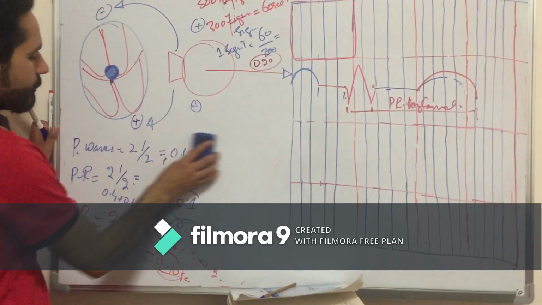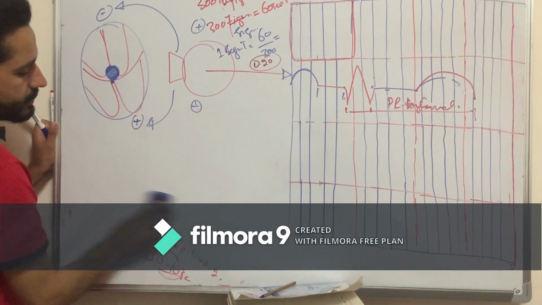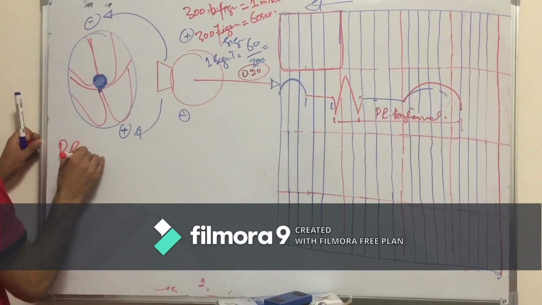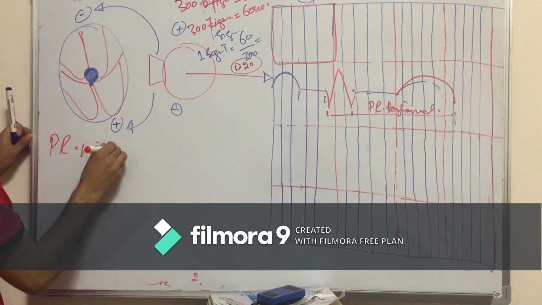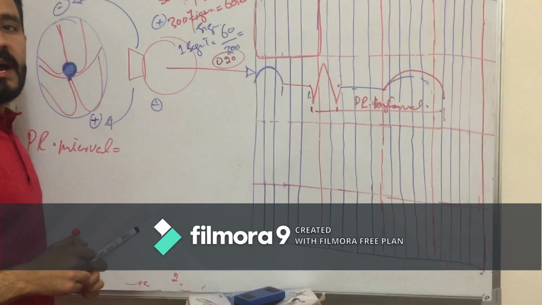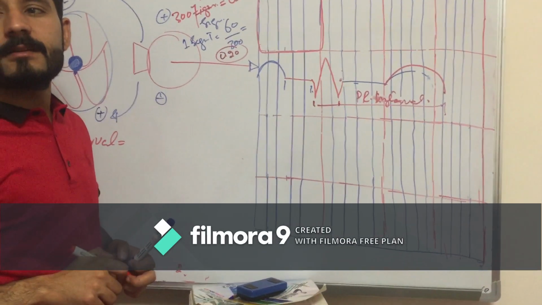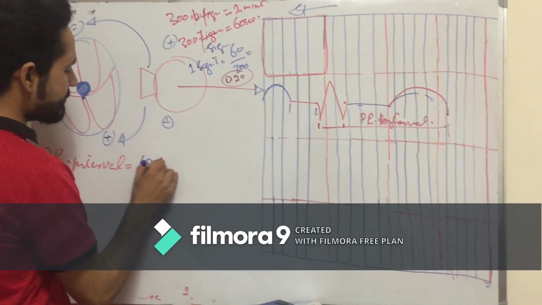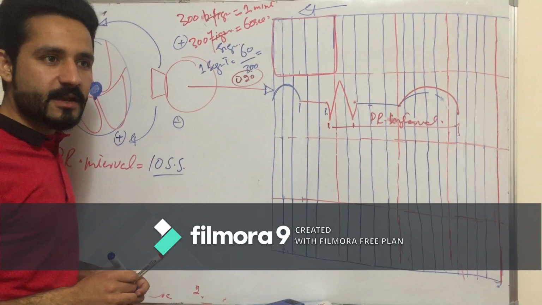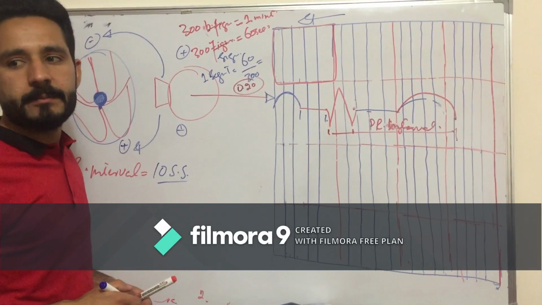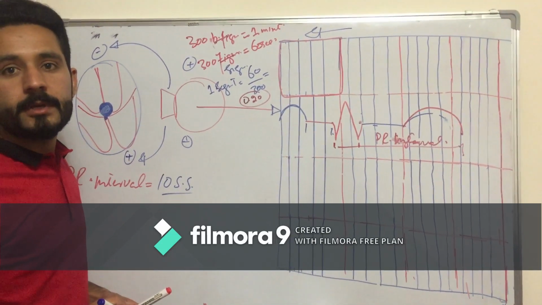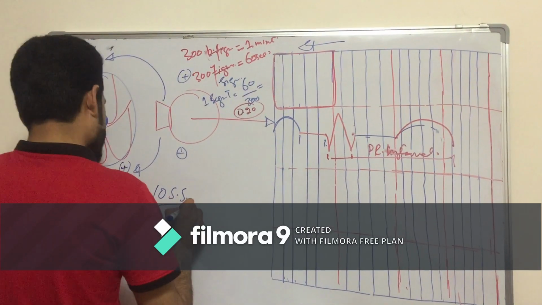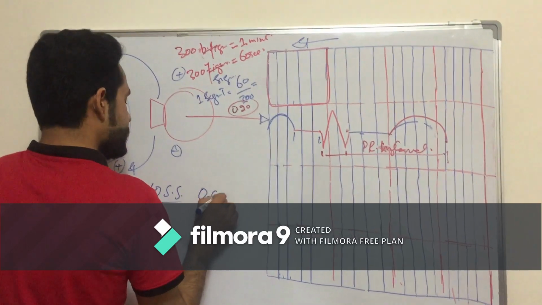Now we will calculate the PR interval. As you know, the PR interval occupies 10 small segments. One small segment takes how much time? 0.04 second.